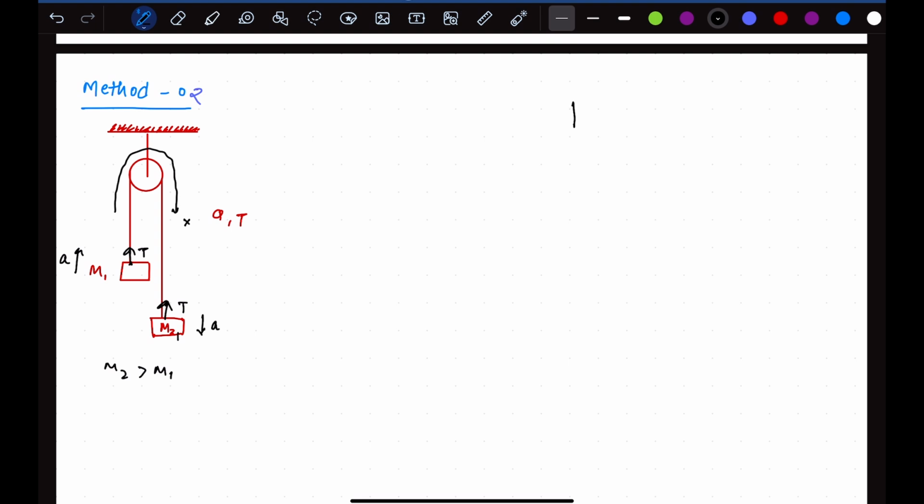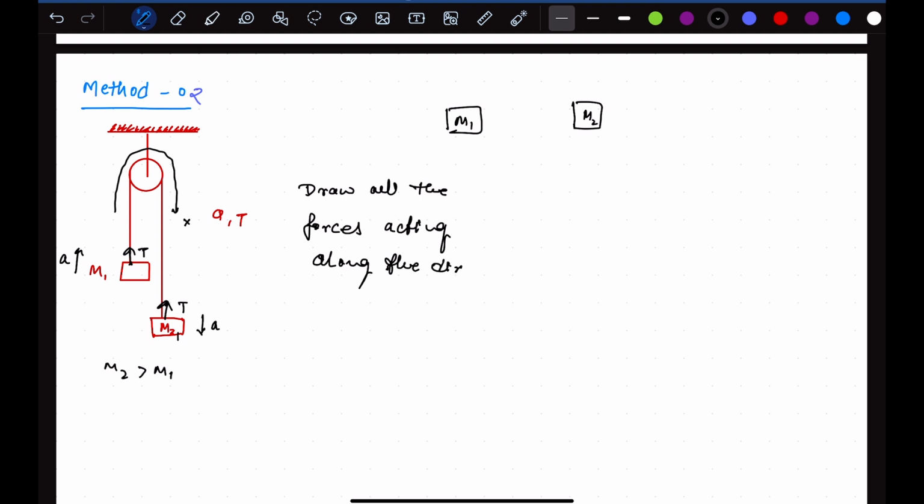So here is m2 and here is m1. In this method you need to draw all the forces acting along the direction of motion, or the string.